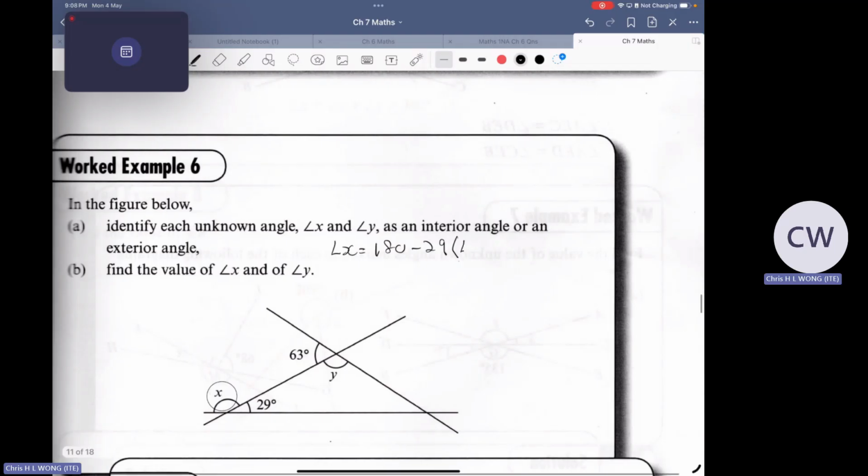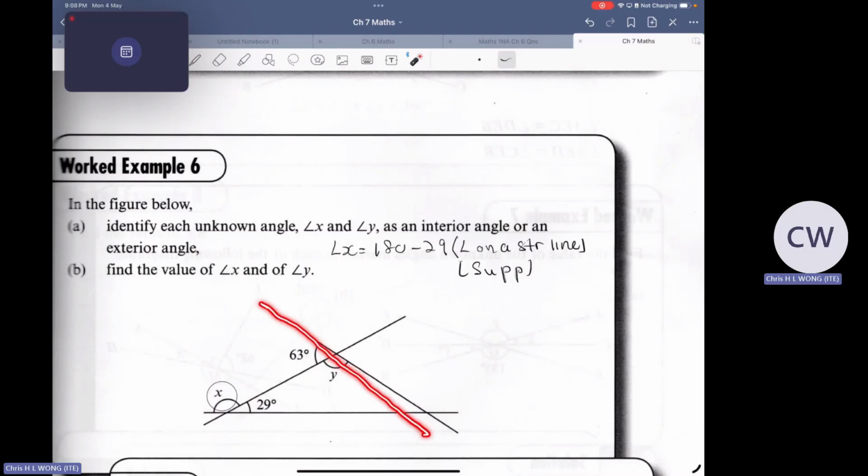That is angle x. Angle y is also the same. You can see it here, right? Also angle on a straight line.